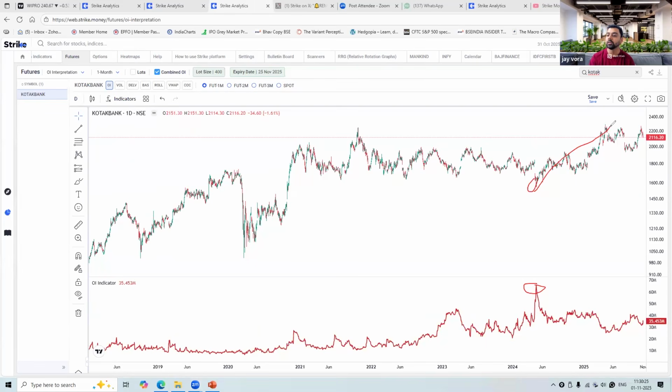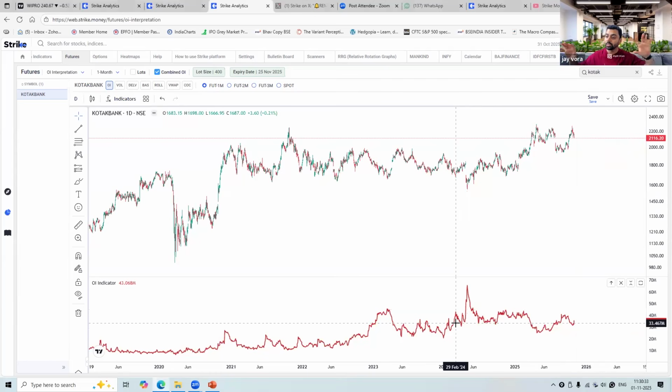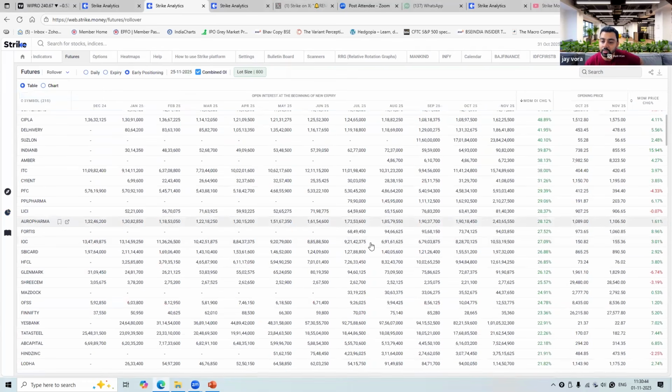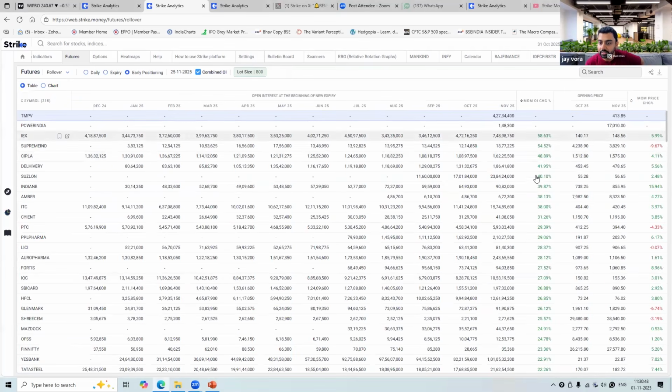Eventually, you ended up seeing a good 20% kind of up move. Okay. So all you have to try and spot is where the open interest is abnormally high, and you will be able to see this in the rollover data as well. So when you see that the OI change is very high.